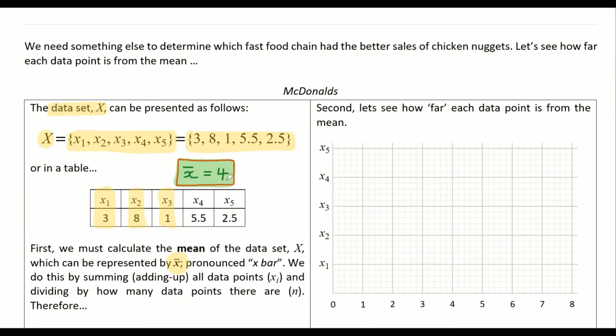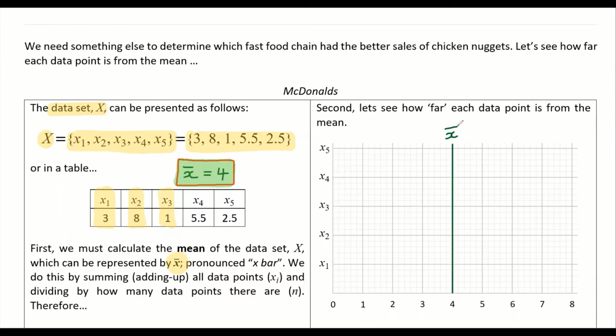We've got the mean, so I'm going to indicate the mean on this diagram on the right hand side. I'm going to use a vertical line for this. So the mean's going to go straight down from top to bottom, and the value is 4. So we'll just label that as X bar.